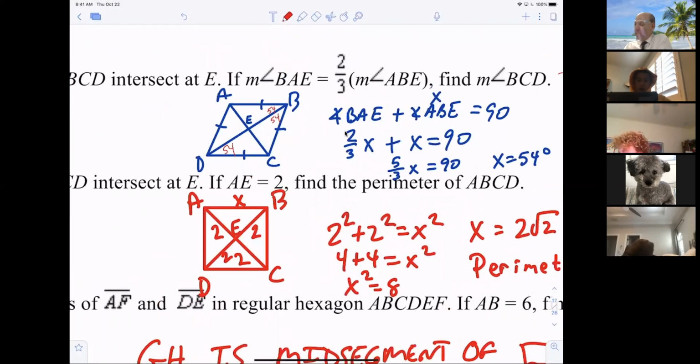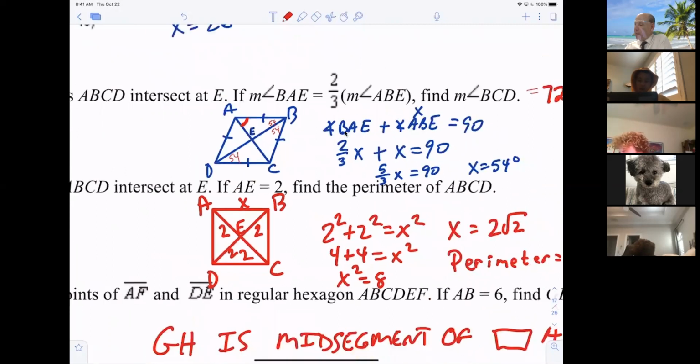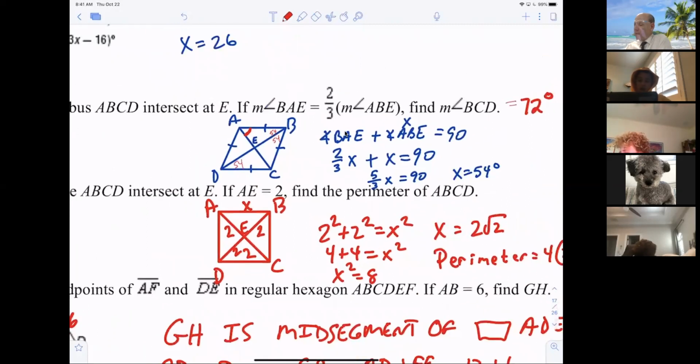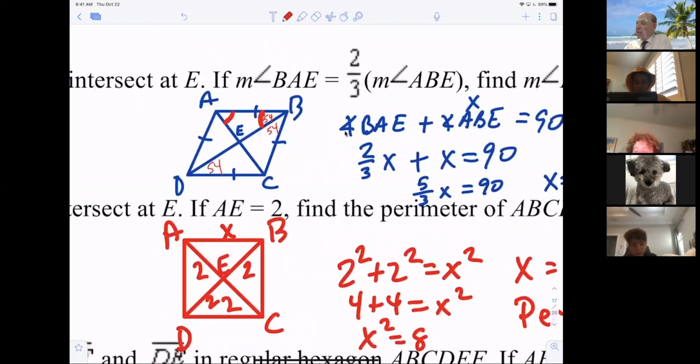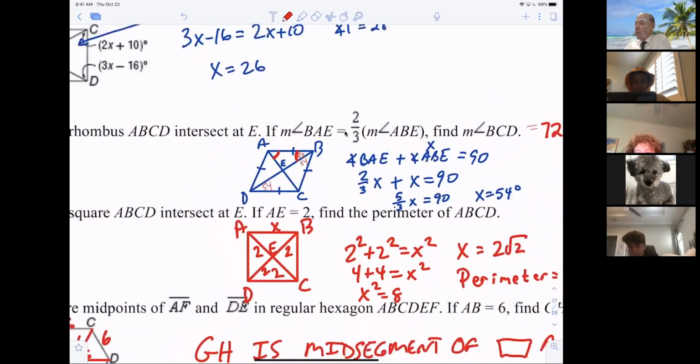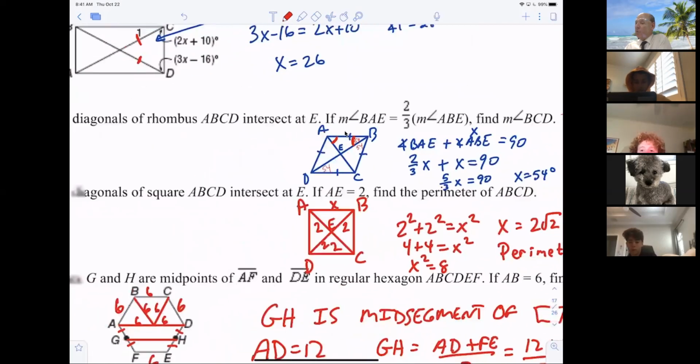This angle right here is 2/3 of ABE, right? You agree with that? So now, first of all, I thought this was tricky until I realized the diagonals of a rhombus are what? The diagonals of a rhombus do.